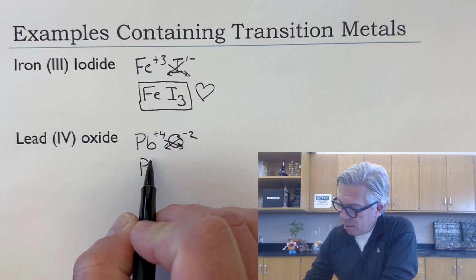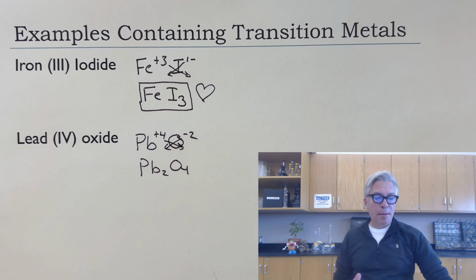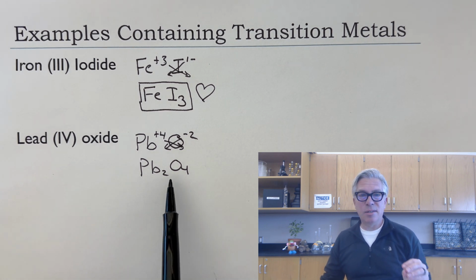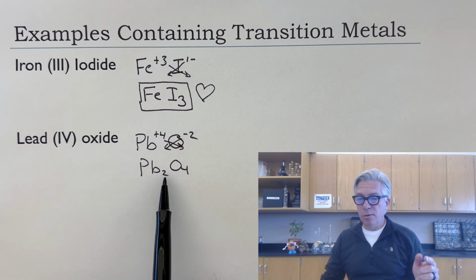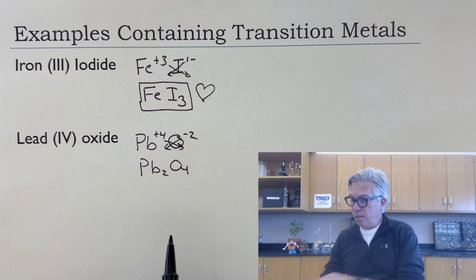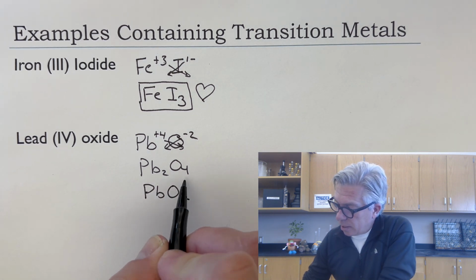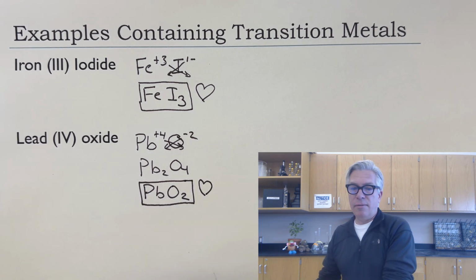So Pb2O4, which is pretty good. We're on our way. But we do have to perform an important test. And the test is this: is it in reduced form? And the answer is no, it's not. 2 and 4 are both divisible by 2, and so I can reduce that to a 1 and a 2 right there. So make sure you're checking to reduce it if at all possible.